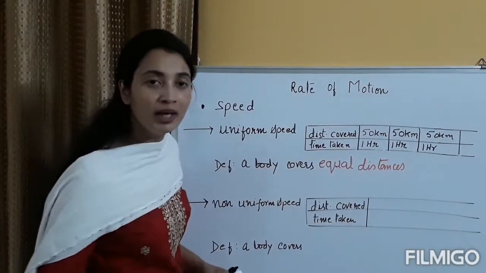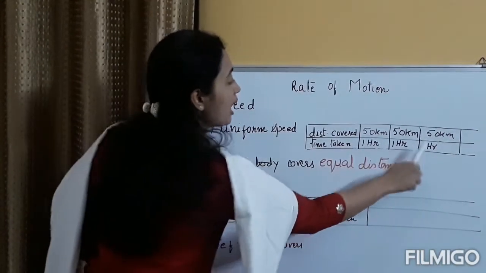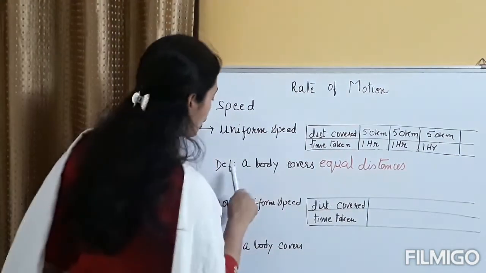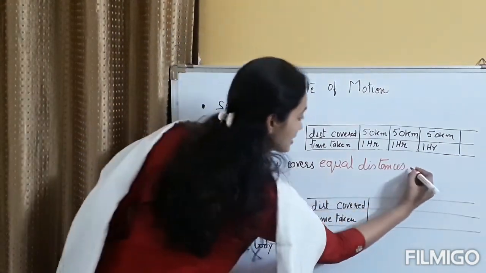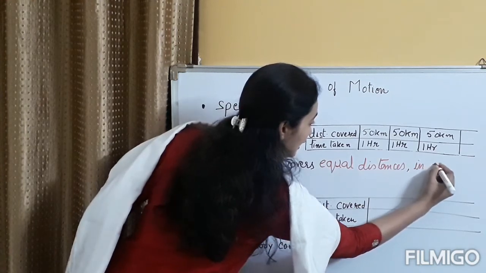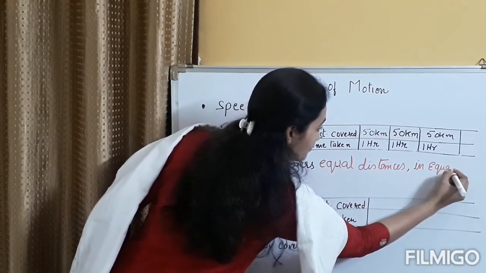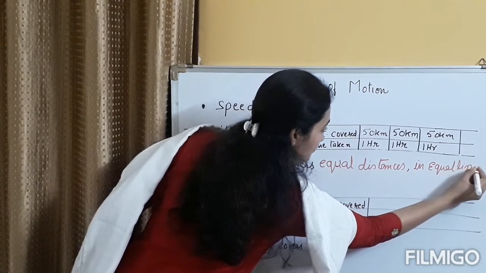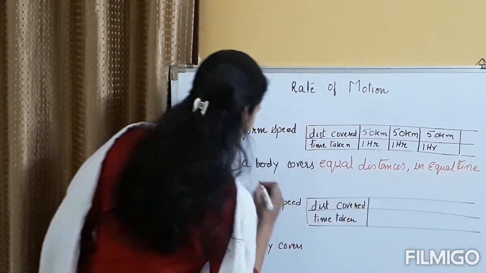Are they also equal? Yes. Every 1 hour you are taking note of the distance travelled. So a body covers equal distances in equal time intervals.